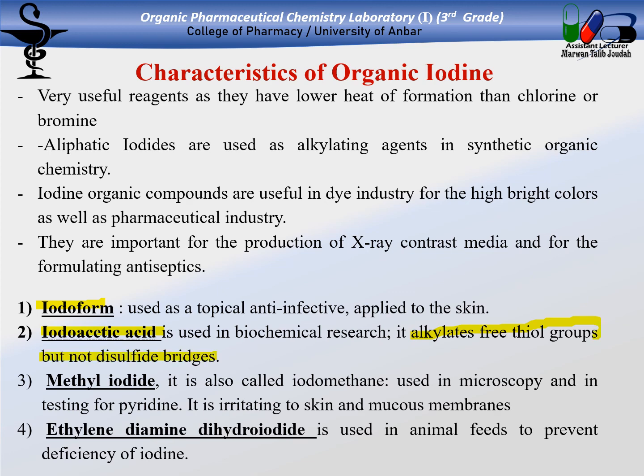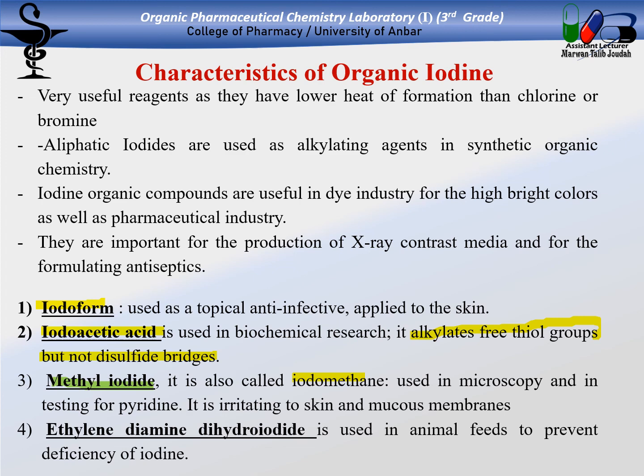Okay. The next one is methyl iodide. Okay, methyl iodide is also called iodomethane. This is one of the alternative names of methyl iodide. It's used in microscopy and in the testing for pyridine. It's irritating to skin and mucous membranes.